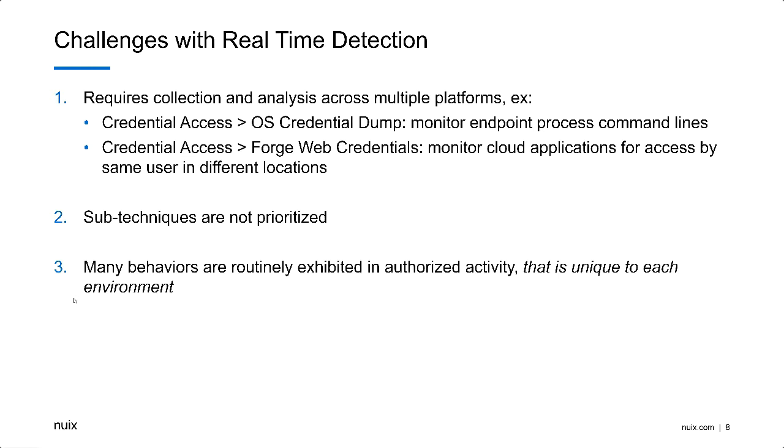That begs the next question, which is, okay, if I'm not going to do a big bang thing, if there's no switch I can flip to start doing real-time monitoring of MITRE all at once, what are the most important things within the 367 sub-techniques that I need to focus on? The problem is that they're not prioritized.